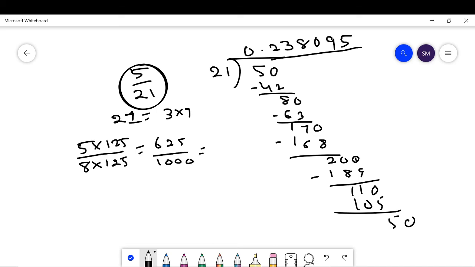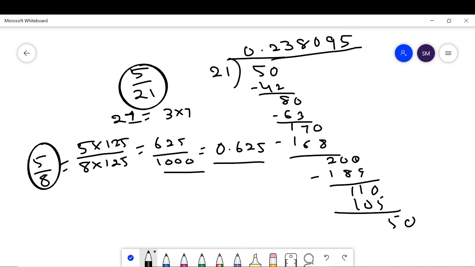How many zeros are in 1000? 3 zeros. Then after the decimal we need 3 digits. This is the decimal representation of 5 upon 8. 0.625 is a rational number which represents 5 upon 8, and this is a terminating decimal number.